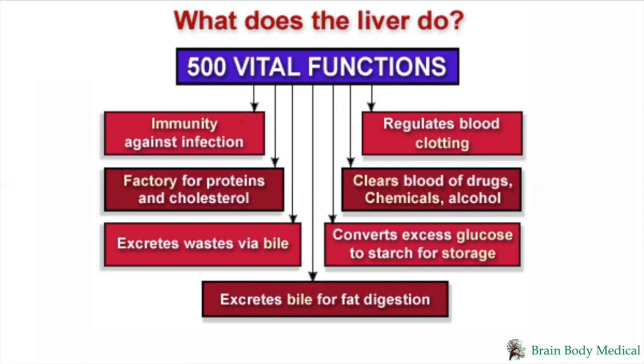It breaks them down, balances, and creates other nutrients that your body needs. It helps clear your blood of harmful substances like alcohol. It makes bile, through which it excretes waste, and bile is important for fat digestion. Having a good functioning liver is very important to have a healthy body and a healthy life.